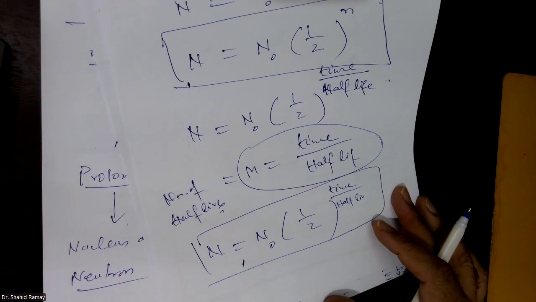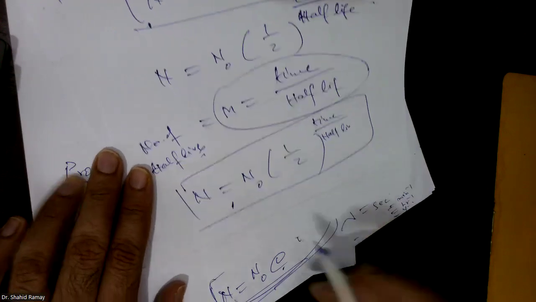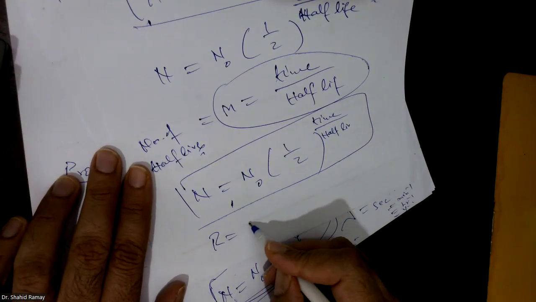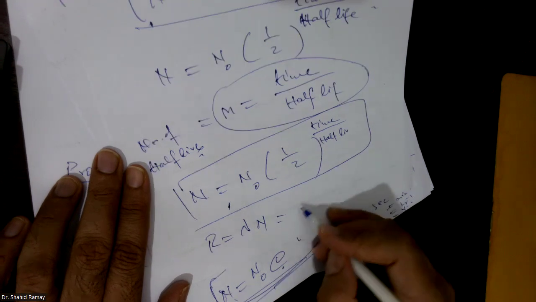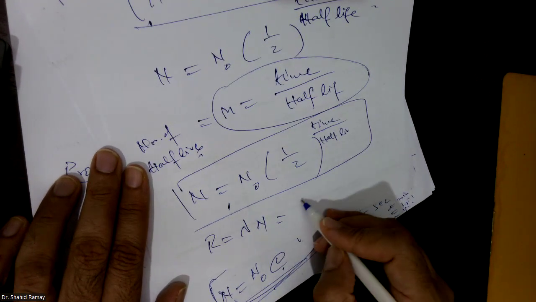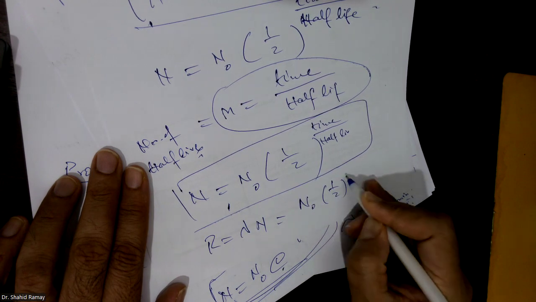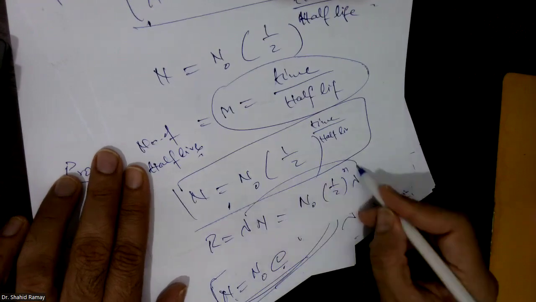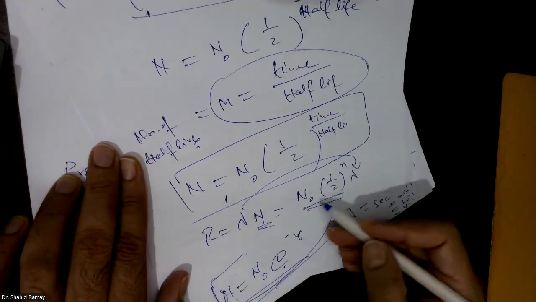By using these formulas, we can solve any kind of problems. Also, you should remember that R is equal to lambda N, and also we can write that N is equal to N naught into 1 over 2 raised to n into lambda.